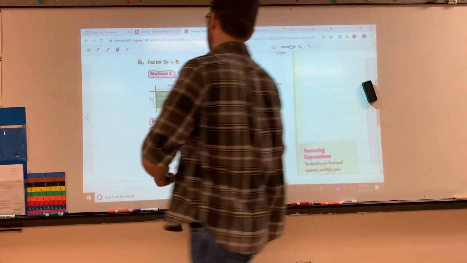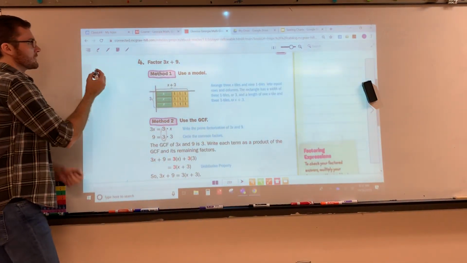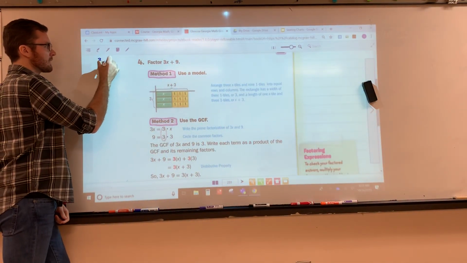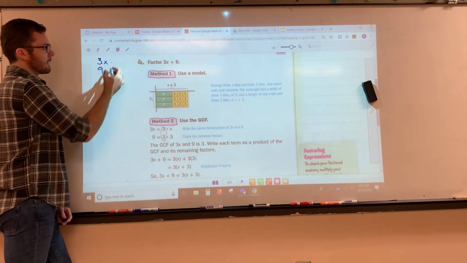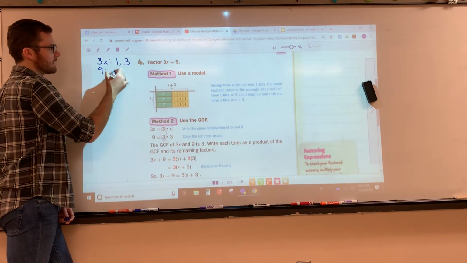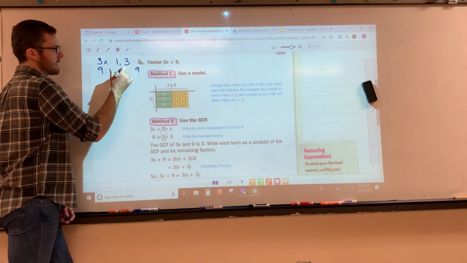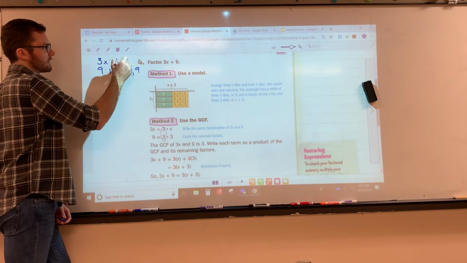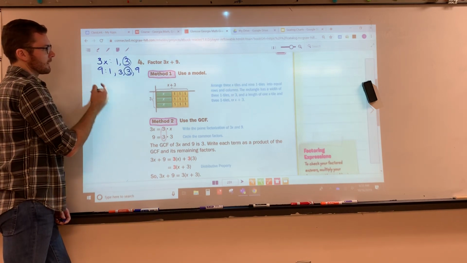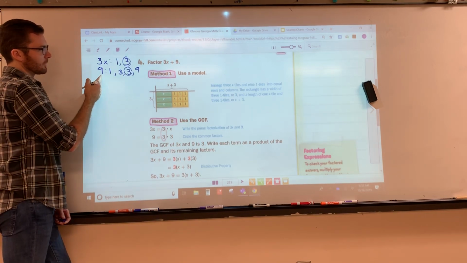This says factor 3x plus 9. So I've got 3x and I've got 9, and I need to find the greatest common factor. Well, 1 times 3 is 3, 1 times 9 is 9, and 3 times 3 is 9. So my greatest common factor is going to be 3. 9 doesn't have an x, so that can't be included.